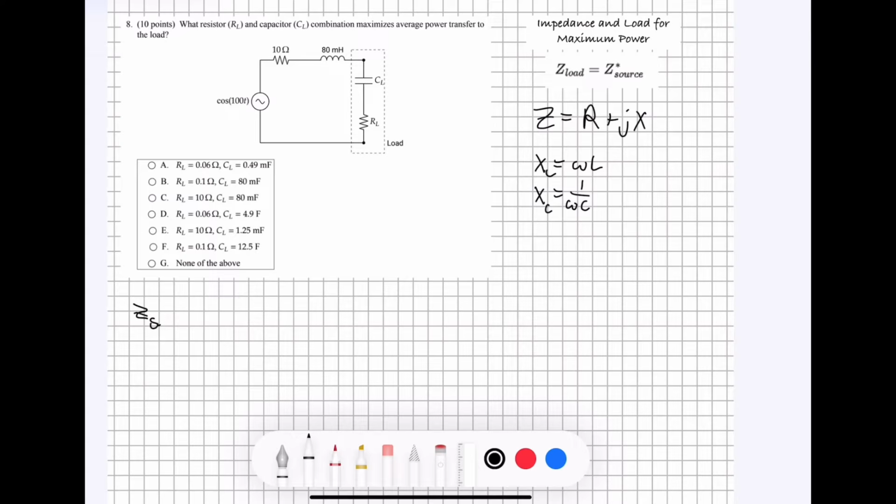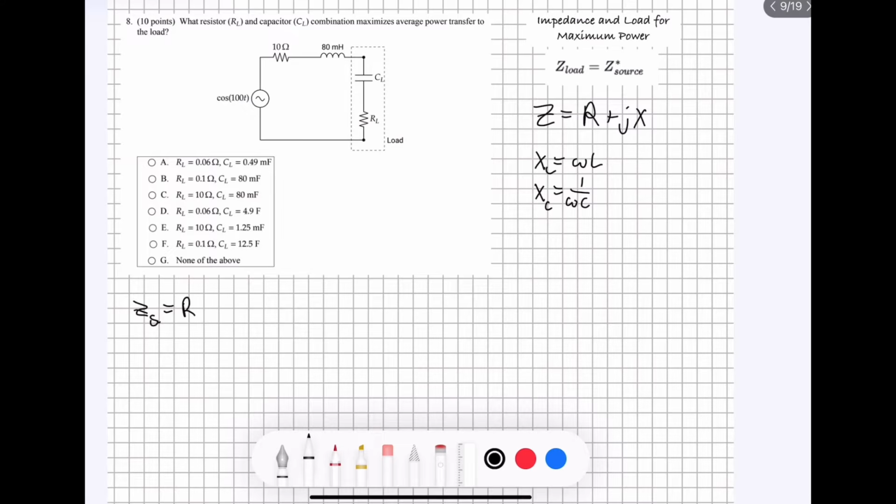Right, so if we're looking at this circuit here specifically, we know that the impedance of the source, which is going to be written as ZS, is going to be equal to the resistance of the source plus J times the reactance of the source.